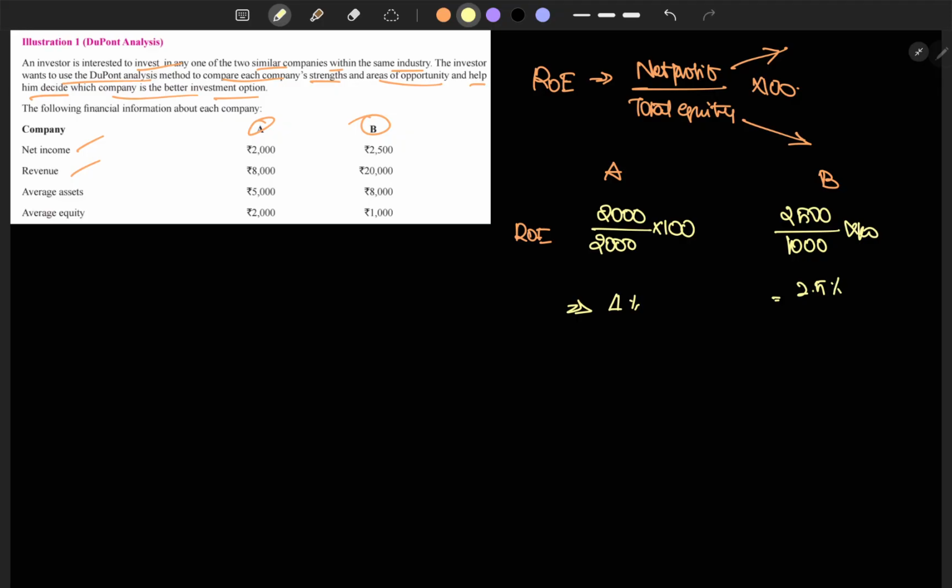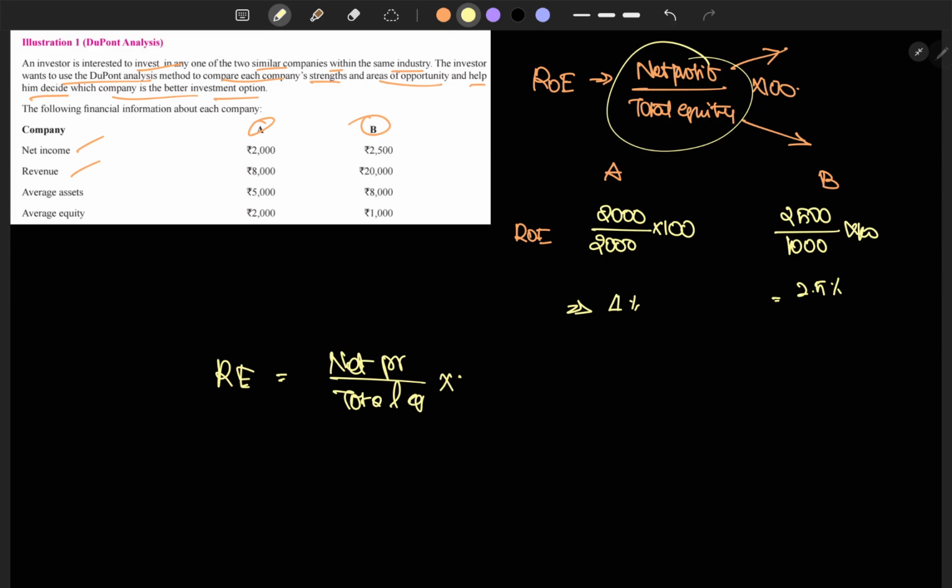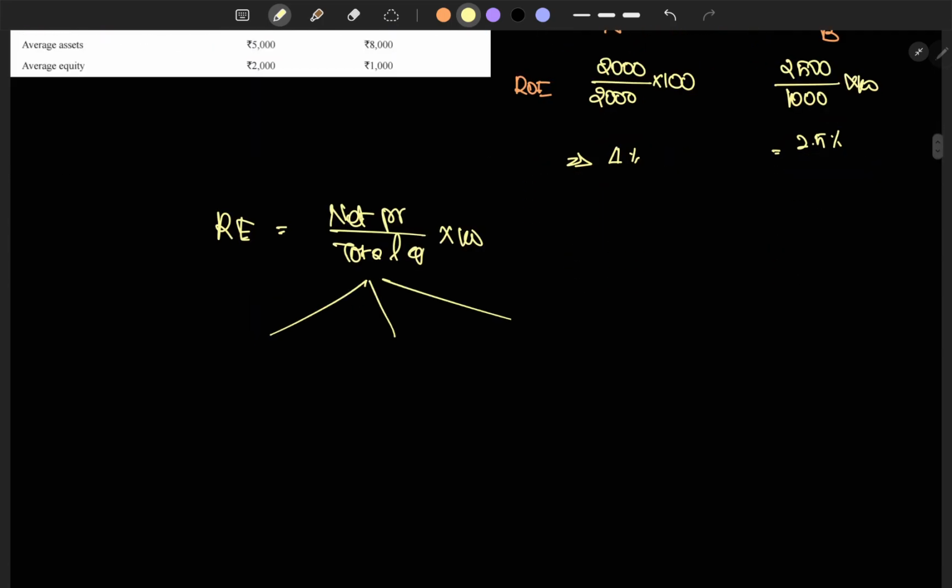The DuPont analysis was generated by the DuPont Corporation. What they did is split this ROE formula, net profit divided by total equity into 100, into three components, which signify profitability, how efficiently the company is using its assets, and financial leverage.